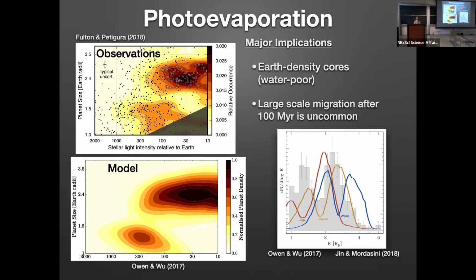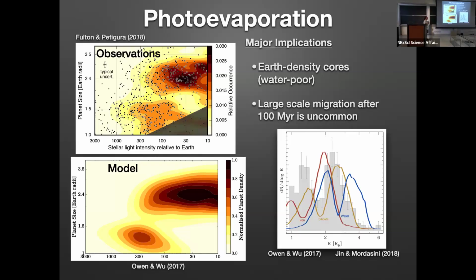The location of the gap in terms of planet radii also tells us something important about the compositions of those cores, the densities of the cores themselves, and that has some implications perhaps for their formation locations as well.